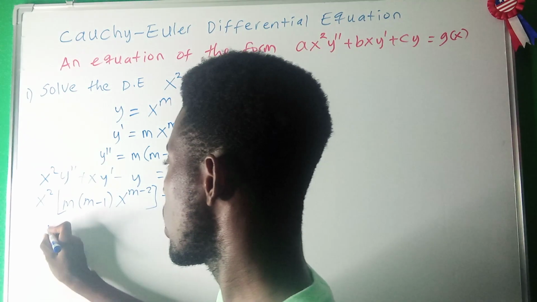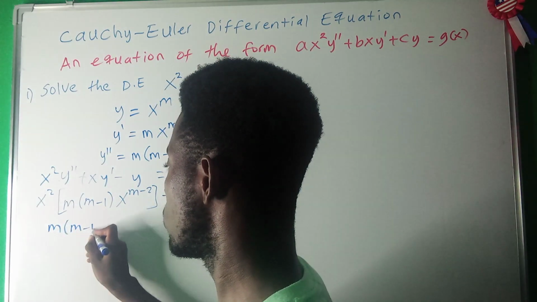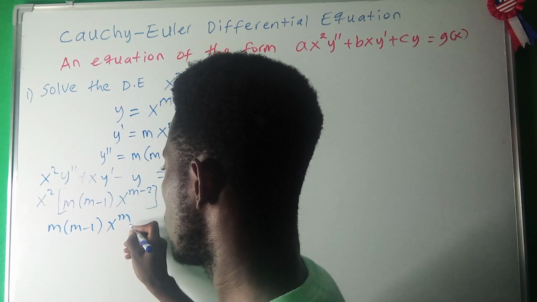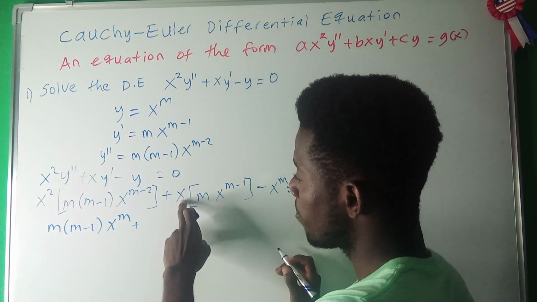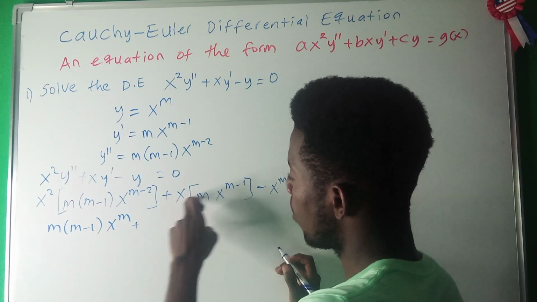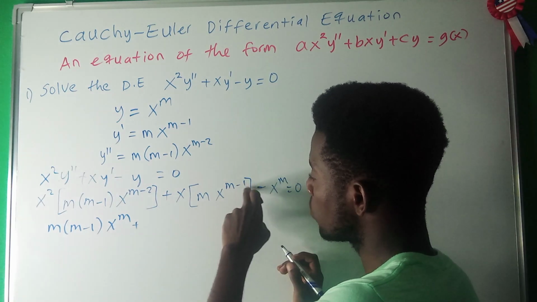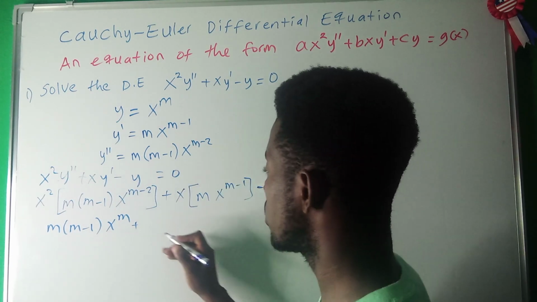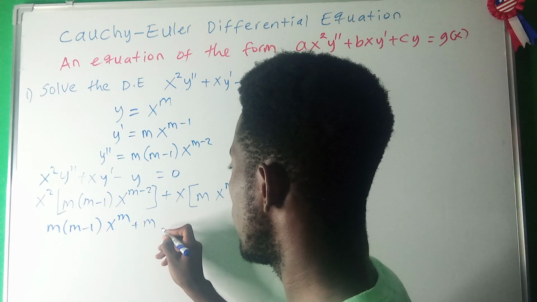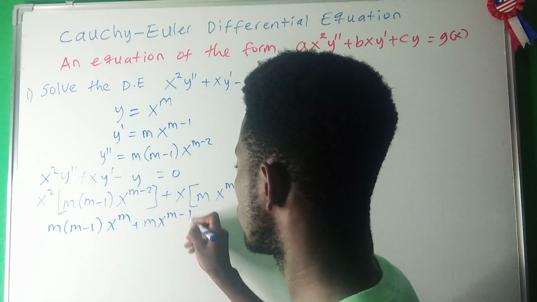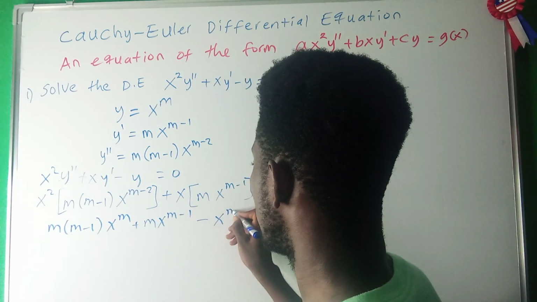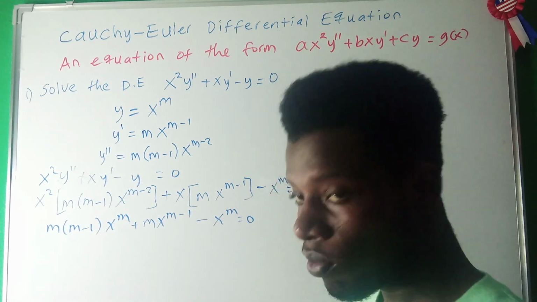So you have m times m minus 1 x to the power m, plus a very simple thing happens here. You have x to the power 1 and then m minus 1, so this minus 1 and this positive 1 cancel. We have m x to the power m minus x to the power m is equal to 0.